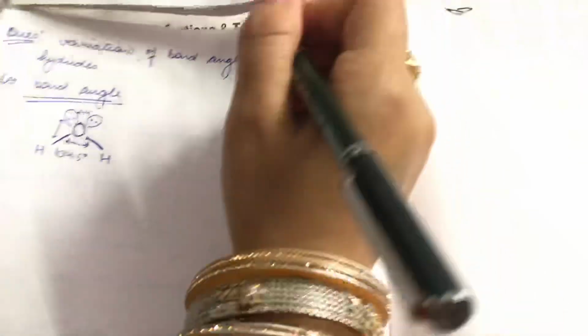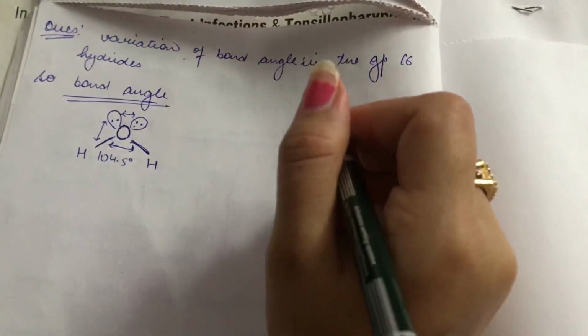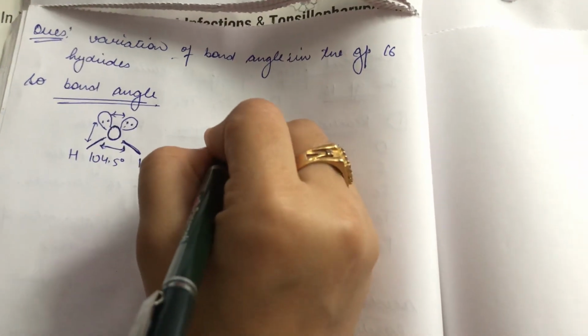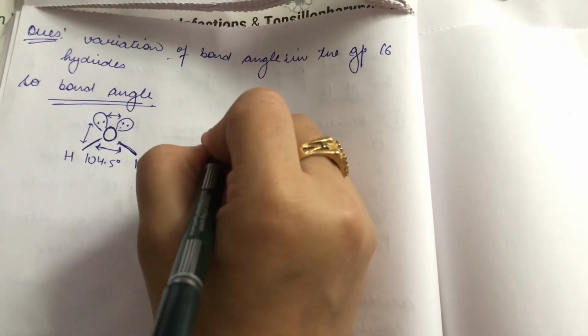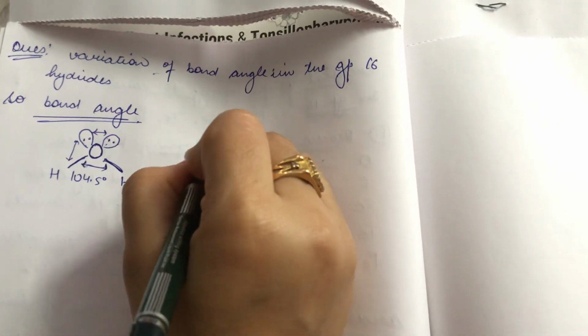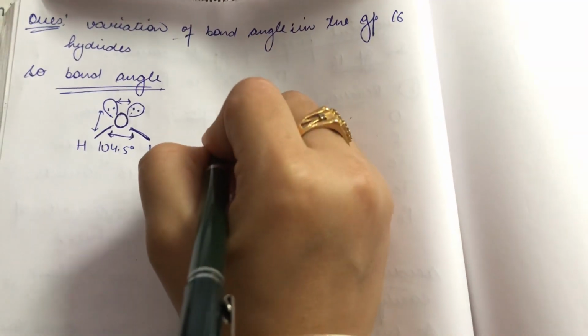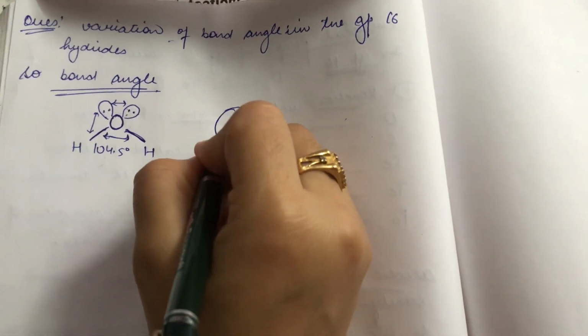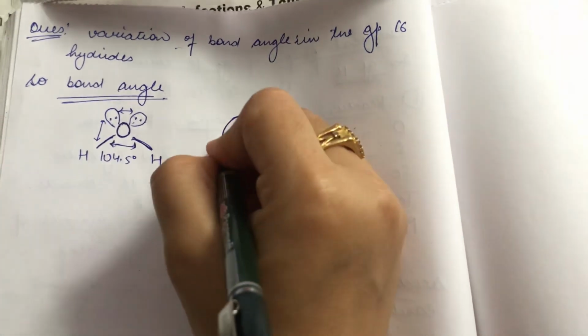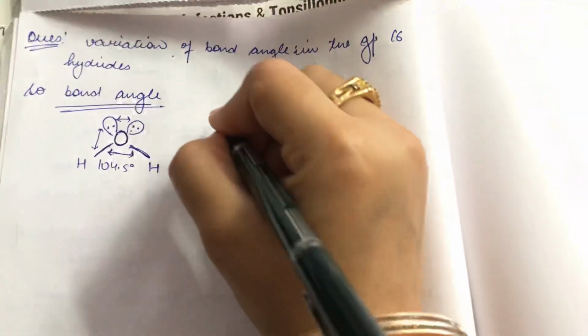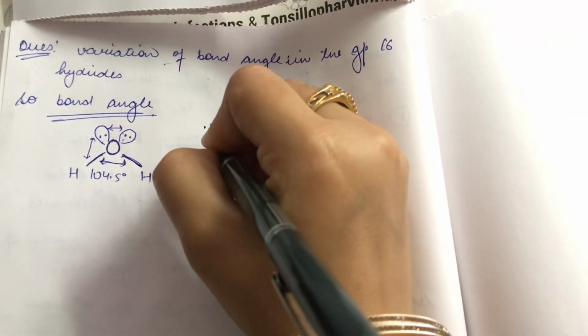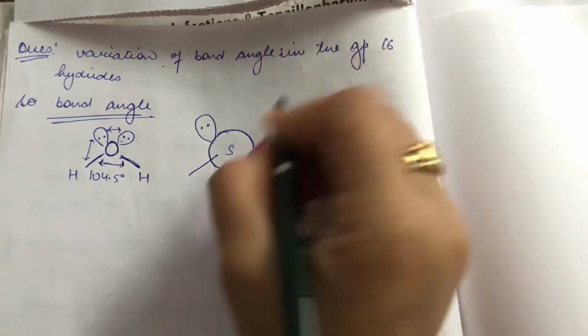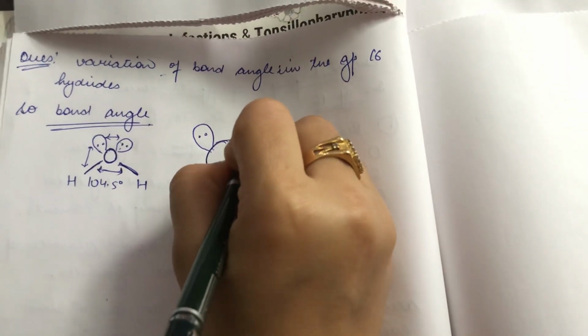Clear? But as we move down the group, the central element increases its size. If the central element increases its size, then this is the sulfur atom. Here the lone pair gets much space to diffuse.